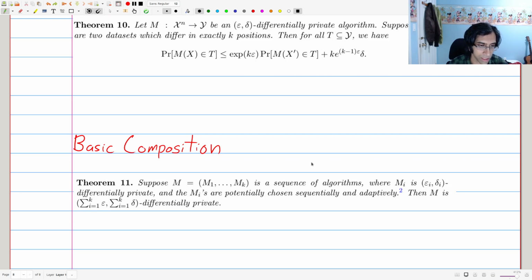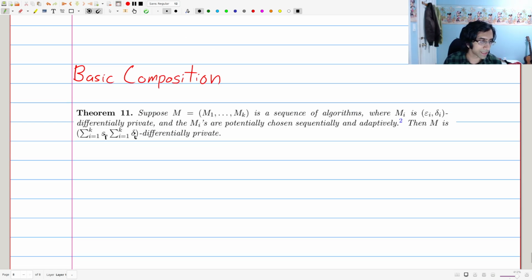Sorry, there's a typo here. This should be epsilon_i, delta_i. This is a very important thing for practical data analysis. It says if you do many analyses on the same data set, then you can add up the privacy parameters for each of them, and that'll give you an overall privacy guarantee. Very handy.